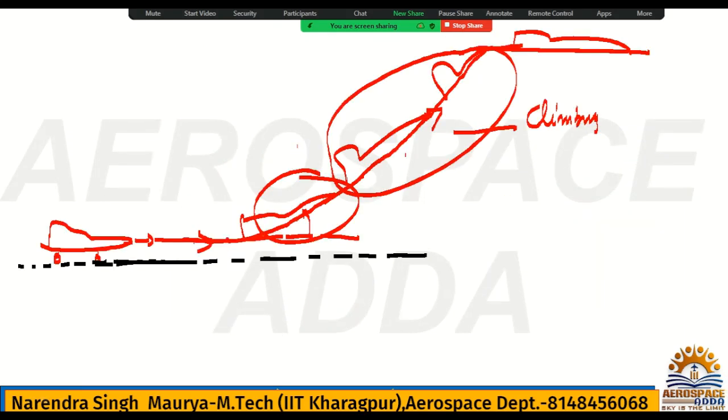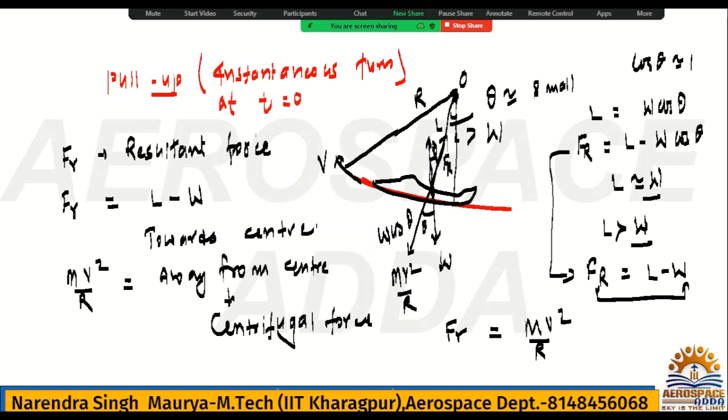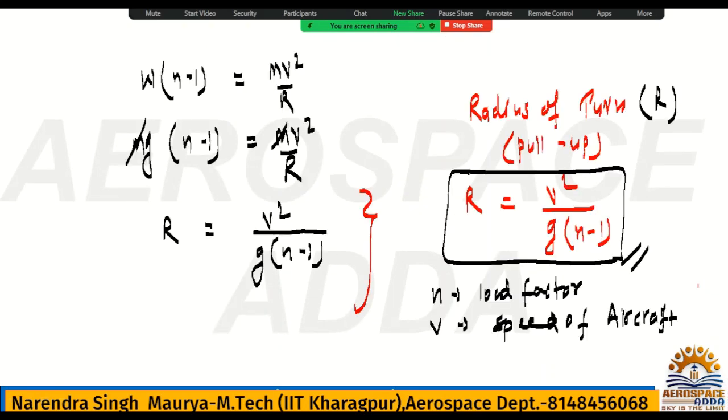Instantaneous means the time period is equal to zero. When time t is zero, theta will be zero. Only if theta is equal to zero, Fr will be L minus W. So that is a very simple point.